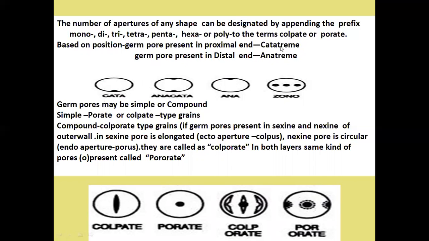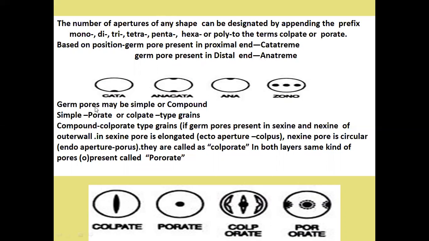If two germ pores are present, one in the distal end and one in the proximal end, that type of pollen grain is called anacatatreme. Sometimes the pores are arranged on the radial line, that is called zonotreme. In this way, you can use the suffix treme: catatreme, anacatatreme, anatreme. Based on the number: monotreme, ditreme, tritreme, tetratreme, pentatreme, hexatreme, like that.